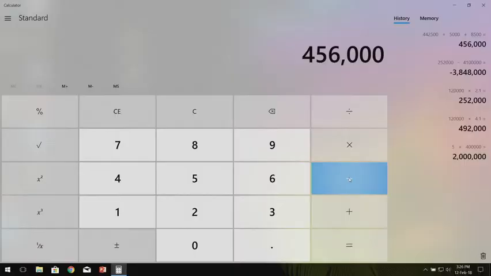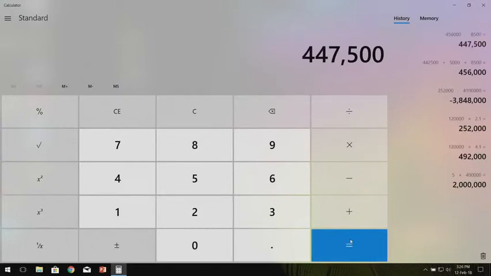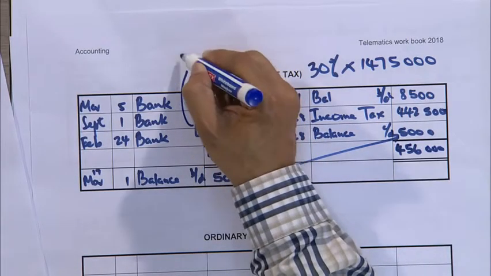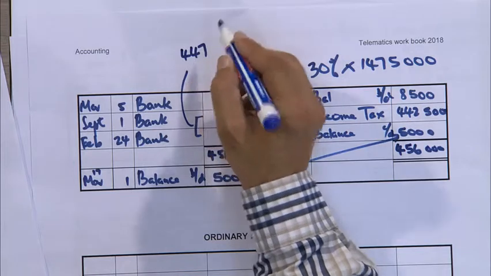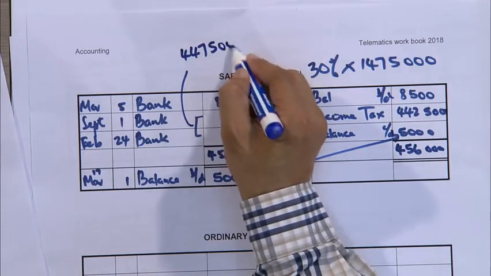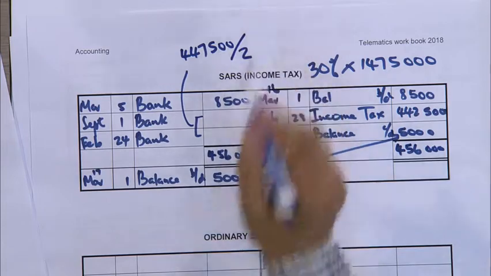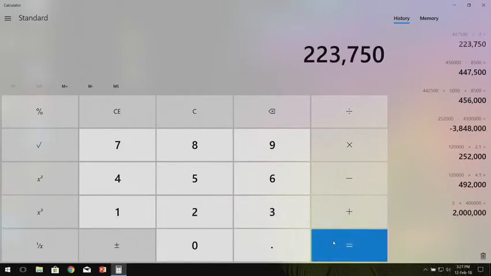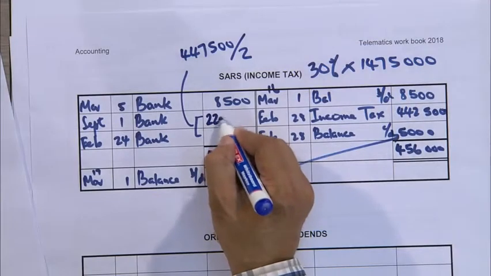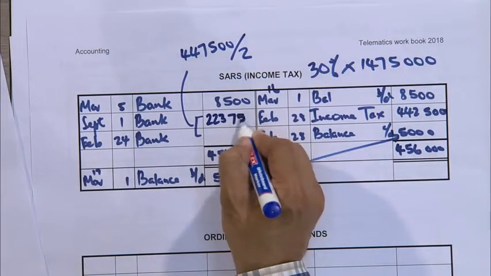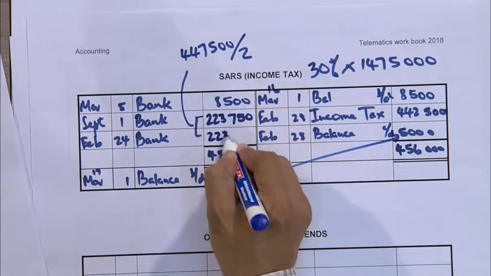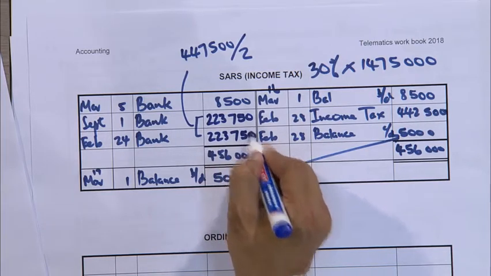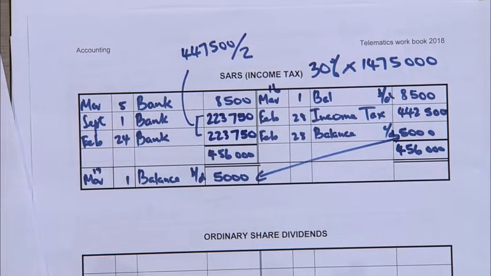Then obviously I have to take away 8,500. Then I get a total of 447,500. But it says two equal payments, so I just divide that by 2. So I get 223,750. That is what those two totals are made up of.